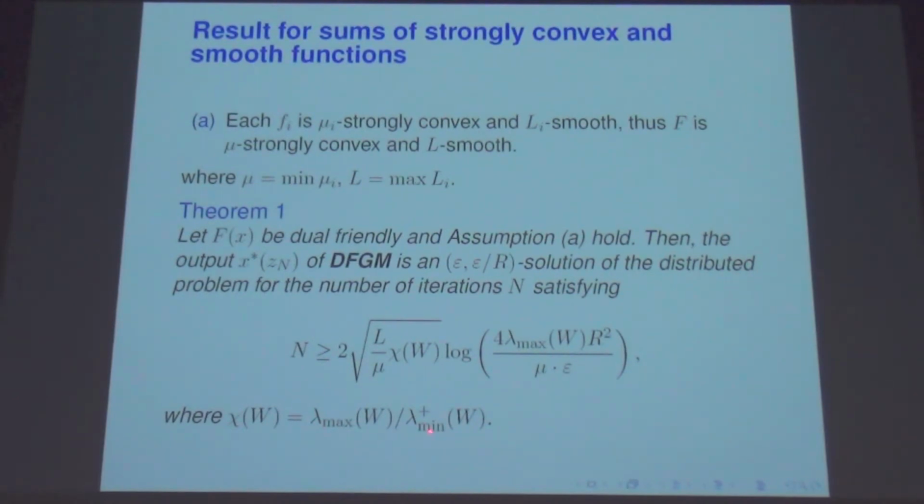Lambda max over the smallest non-negative, non-zero eigenvalue of the graph Laplacian. So what we have seen here is that now we have the same convergence rate as the centralized problem, but we have to pay a price, which is the square root of the condition number of the graph Laplacian. And this is related to the number of nodes in the network, or the topology of the graph.